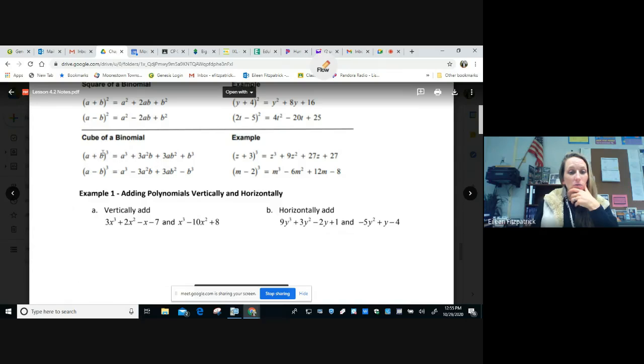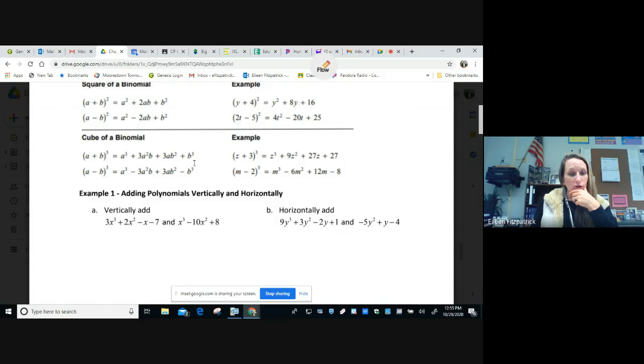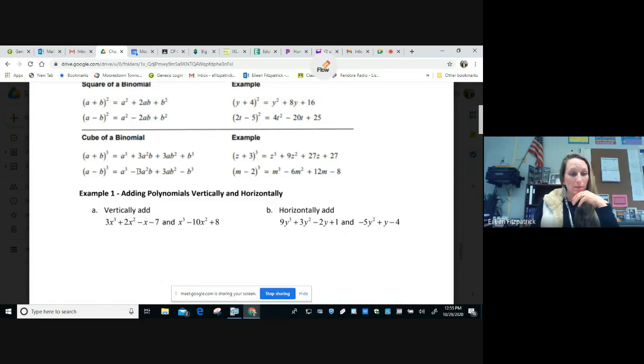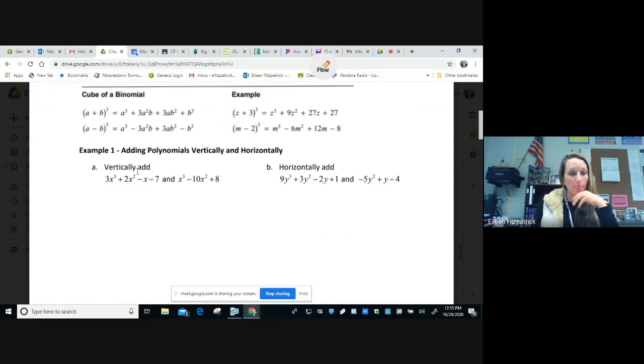To get the second term, you multiply the two terms together and then multiply by 3 and square the a. Then you're going to multiply these together, square the b, and multiply by 3, and then finally b cubed. So again, I don't expect you to have this one memorized. We'll probably just multiply it all out.